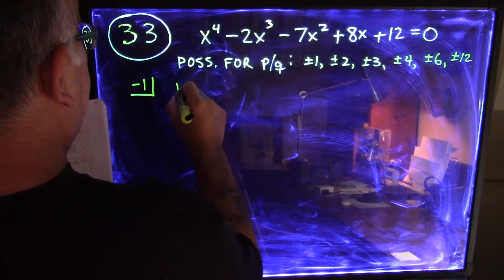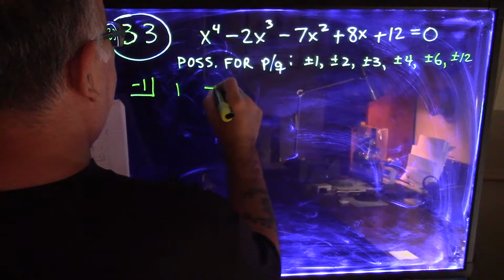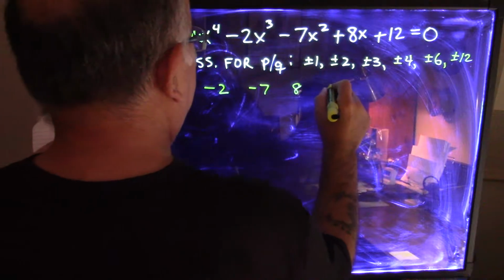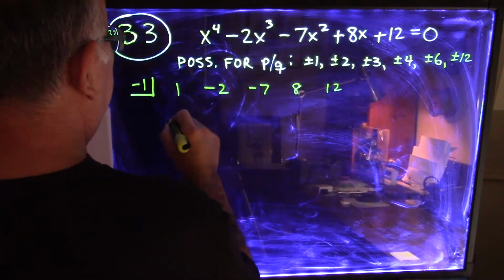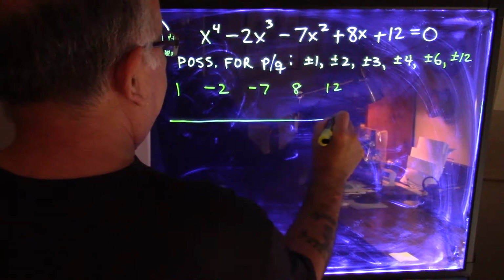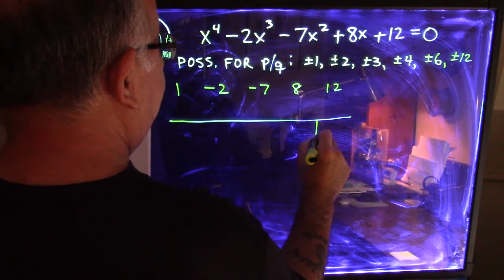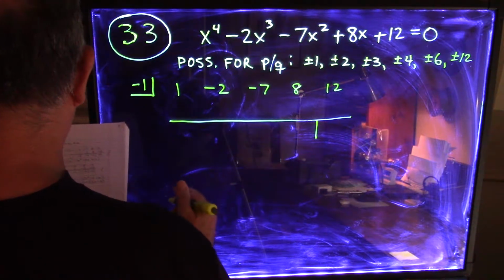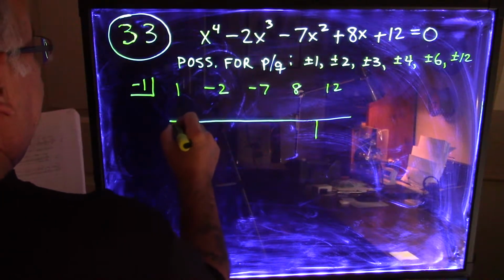If you write your coefficients down, we can do this synthetic division. We'll get a 0 remainder, and then we can start factoring this polynomial. So here we go.